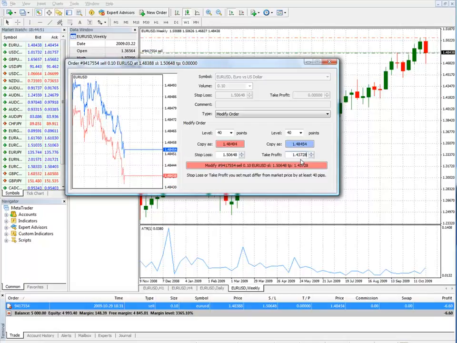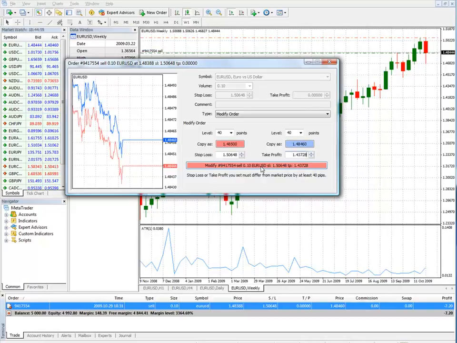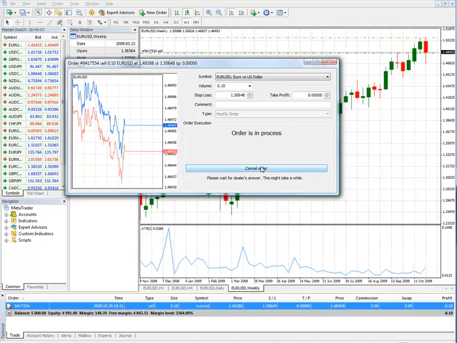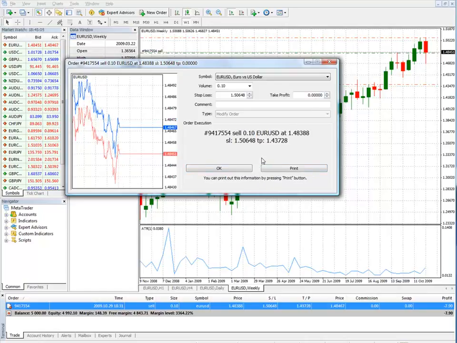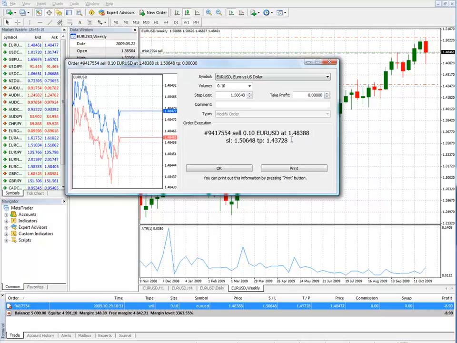Okay. So we're going to modify that, take profit, and click modify. All right. Okay, we sell at that, which we're already in. Stop loss is set. Take profit is there. Let's go OK.